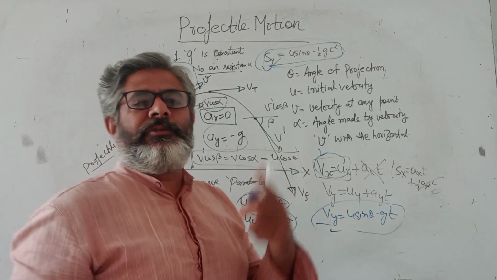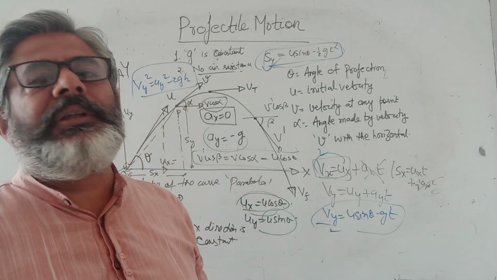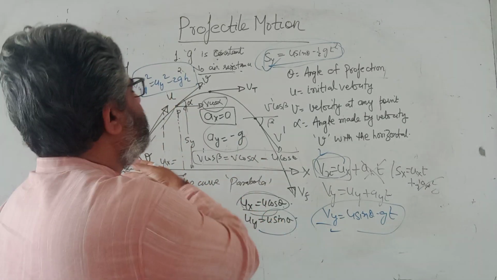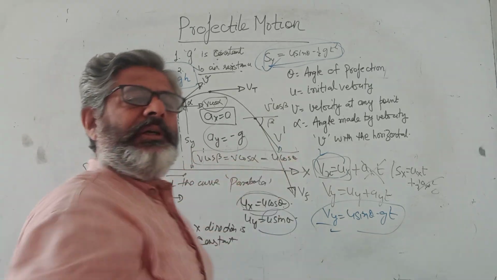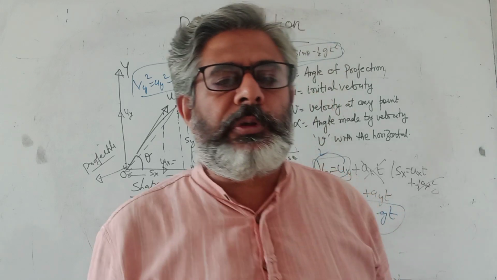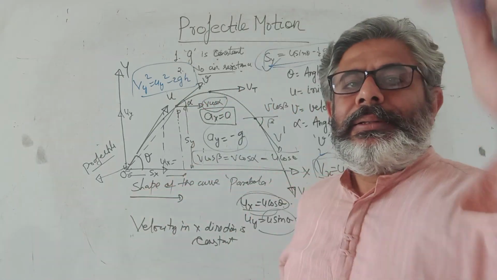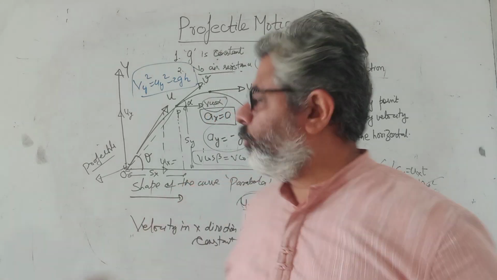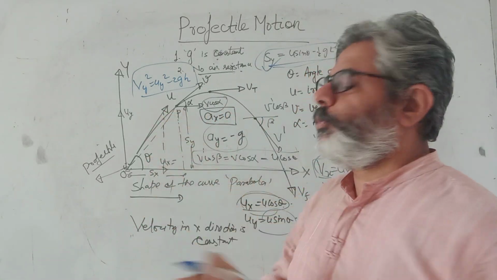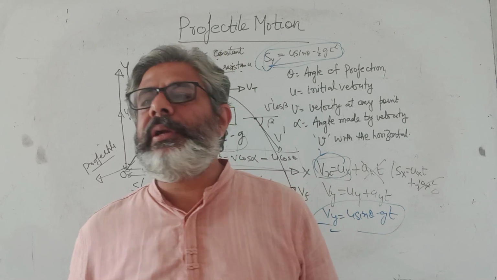But y and x have to be separate, and there is no speciality in x because x is uniform motion. In this direction it is uniform motion. The whole beauty of projectile motion is that it can be considered as a sum of two motions in these two directions which are independent, which are not dependent on each other.